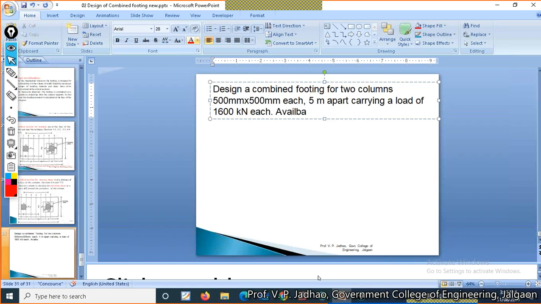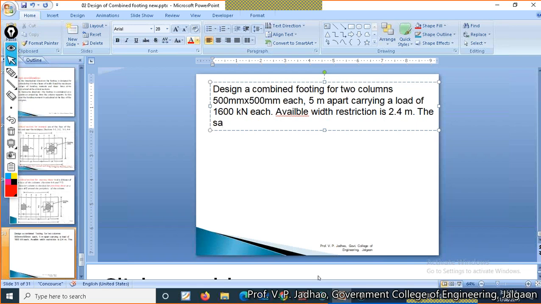Available width restriction is 2.4 meter.